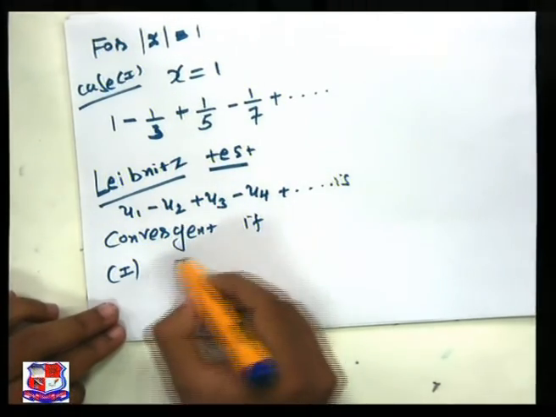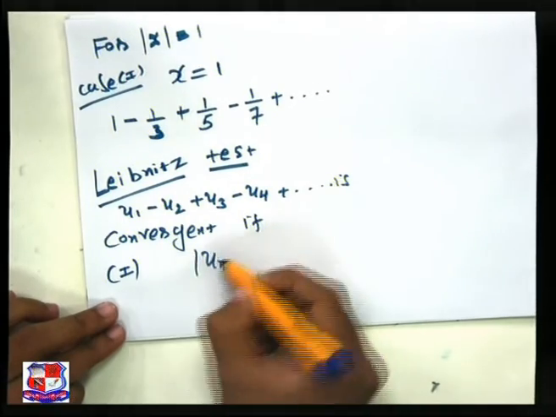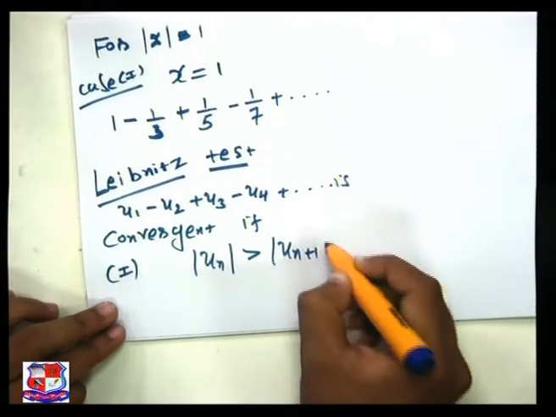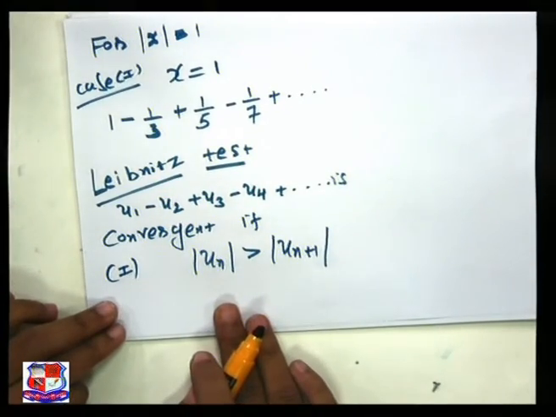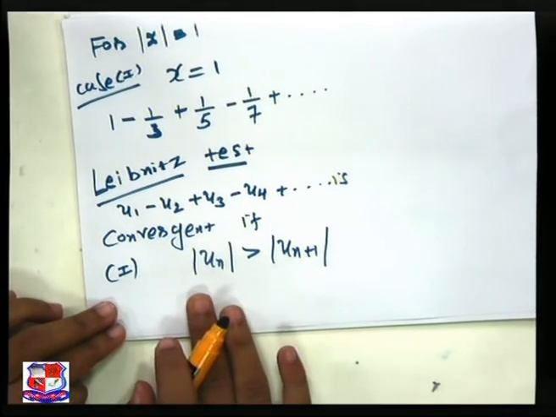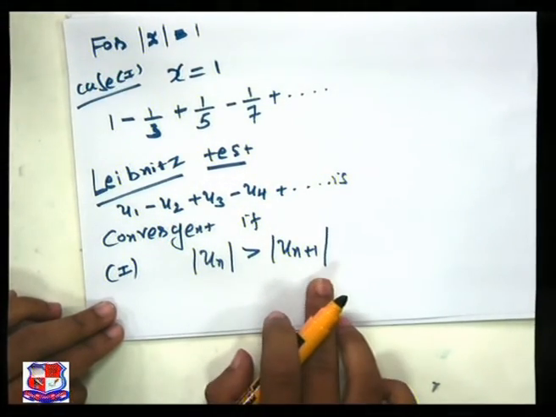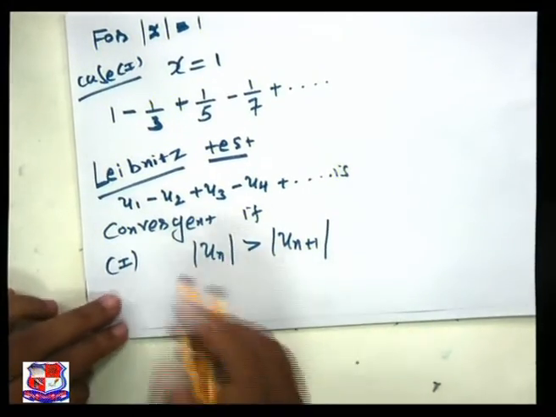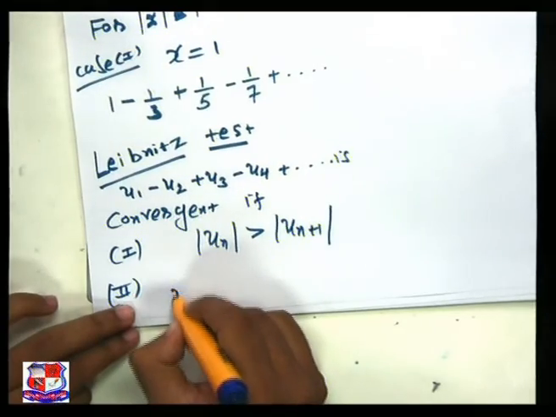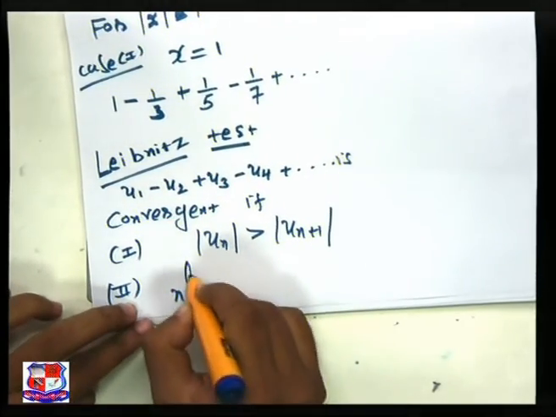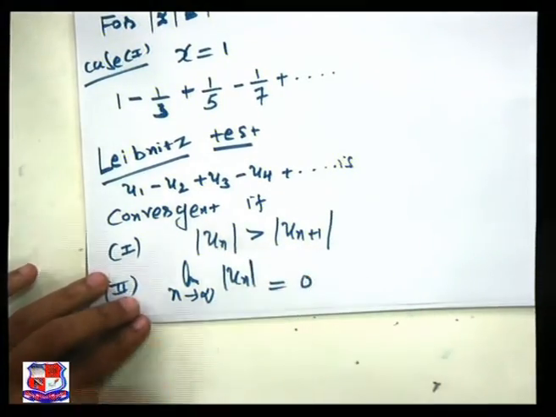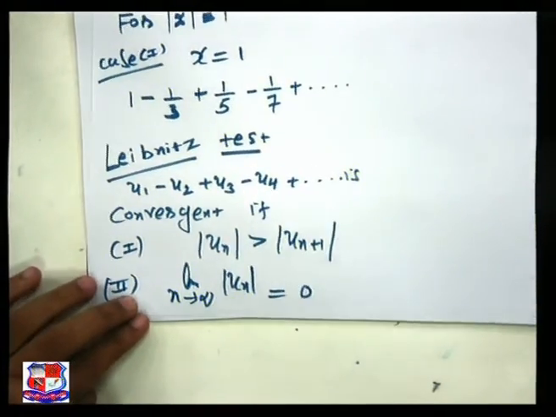The first condition is modulus of un is greater than modulus of un plus 1. That means the nth term is bigger than the n plus 1th term. And the second condition is, as n tends to infinite, the value of un is equal to 0, right?